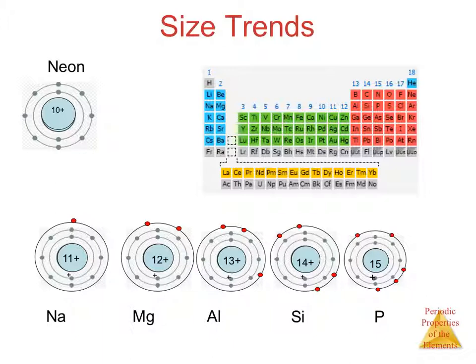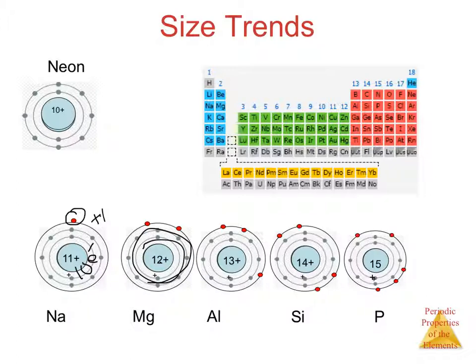Okay, so what happens from there? Now I still have the same core, and the core provides the shielding, with 10 electrons. Here I am adding an electron, and it is feeling an effective nuclear charge of +1. What happens when I get to magnesium is that I am increasing my nuclear charge, and I am not increasing my shielding.